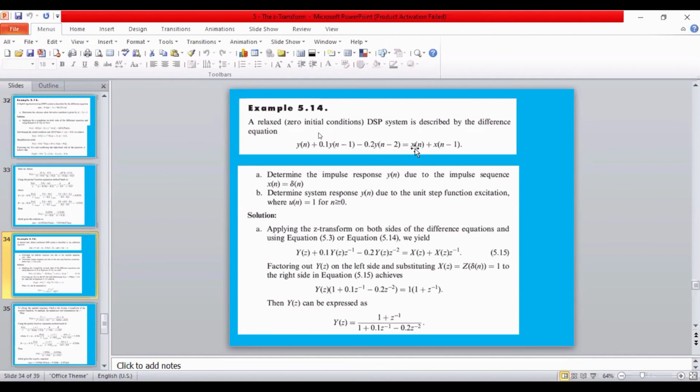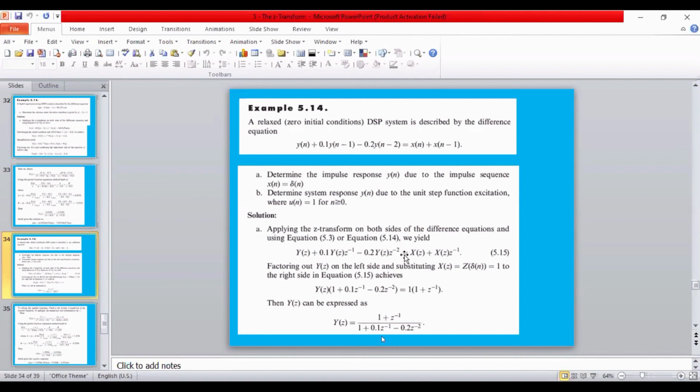When x(n) turns to X(z), and since we have a shift, you have to have z raised to the power of -1. So both for the input and for the output, we do the same procedure. Again, doing some maths, we factor Y(z) in front, all the terms that have Y(z), we factor them out. So we get 3 terms on the left-hand side, and on the right-hand side, we have this.